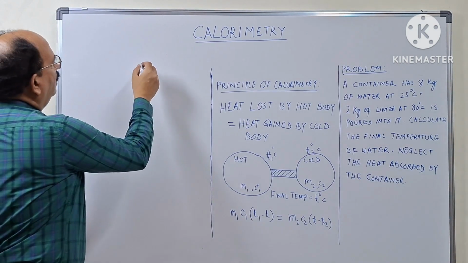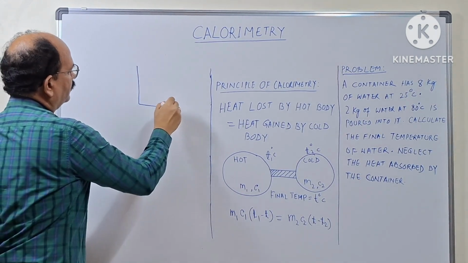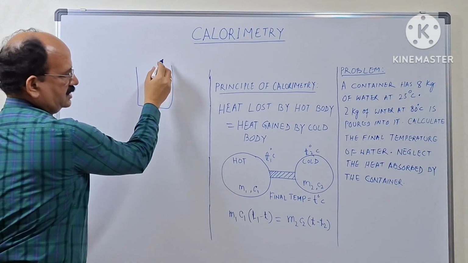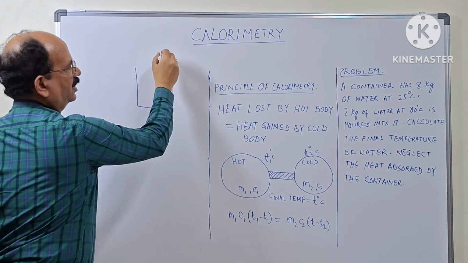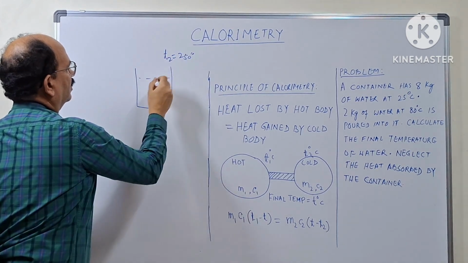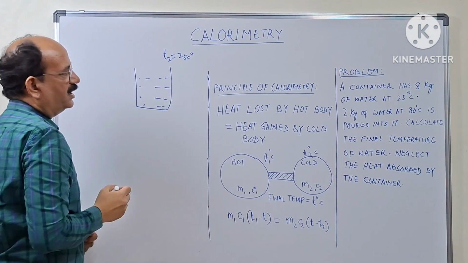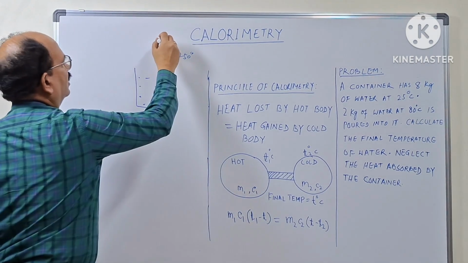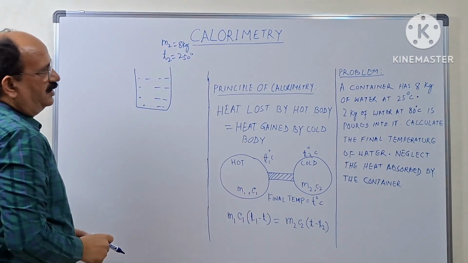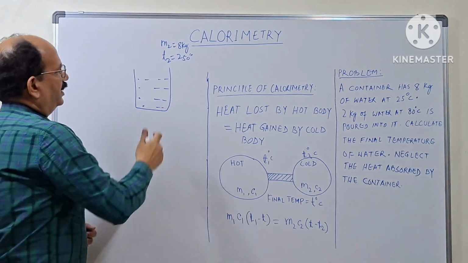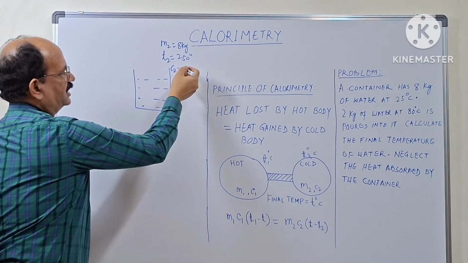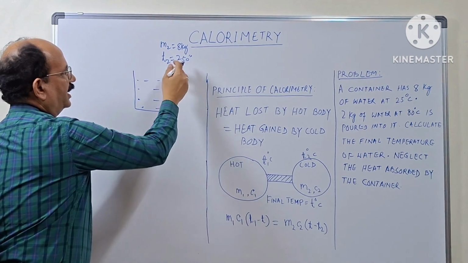So there is one container which is colder because it is at 25 degrees Celsius. It has water at 25 degrees Celsius, and the mass of water is 8 kg. The specific heat capacity of the water, let's assume, is C2, right?